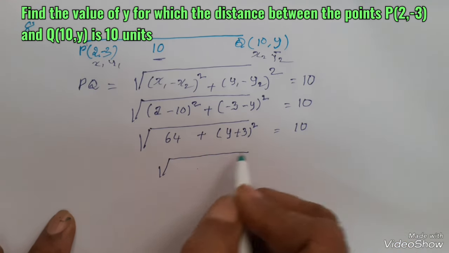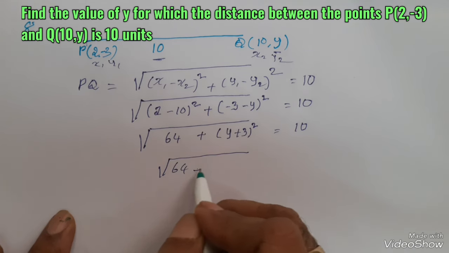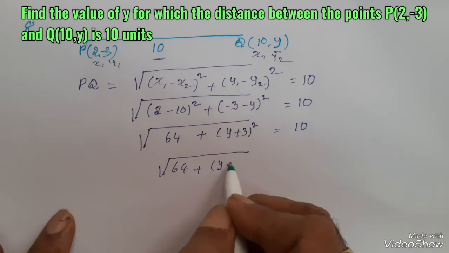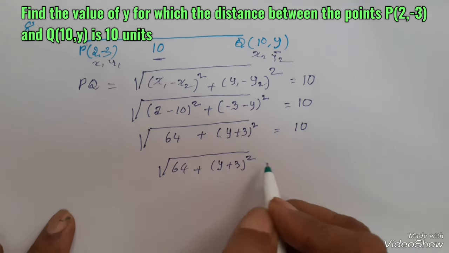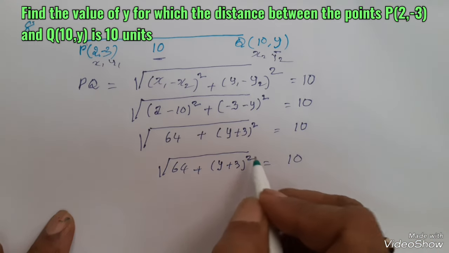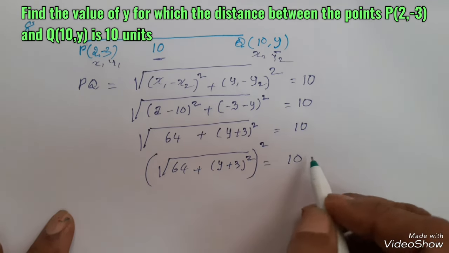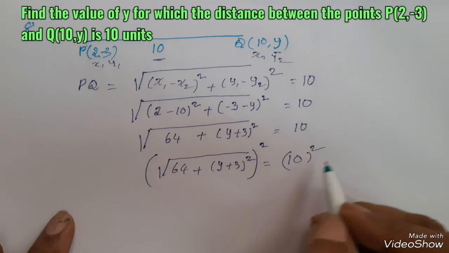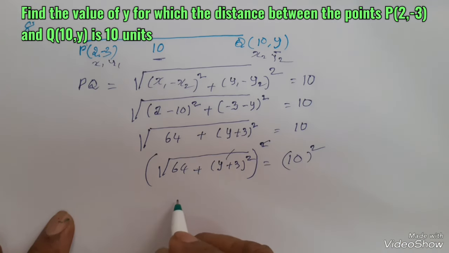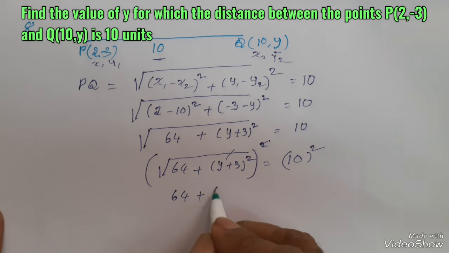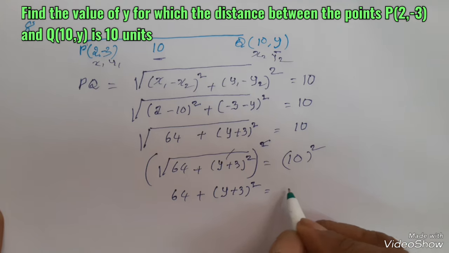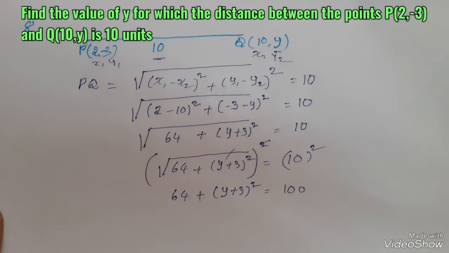Square root of 64 plus (y plus 3) whole square equal to 10. Now squaring on both sides, this side square root cancels, we get 64 plus (y plus 3) whole square equal to 10 square, 100.